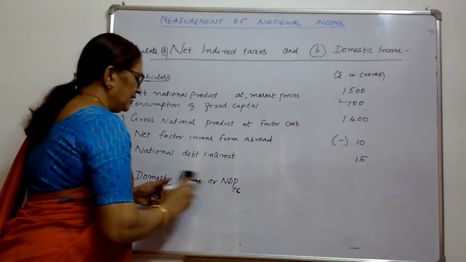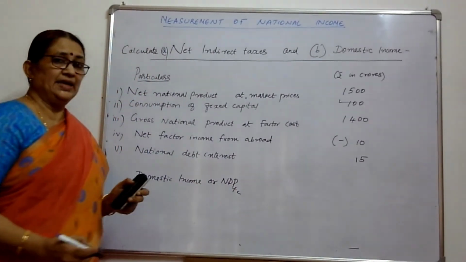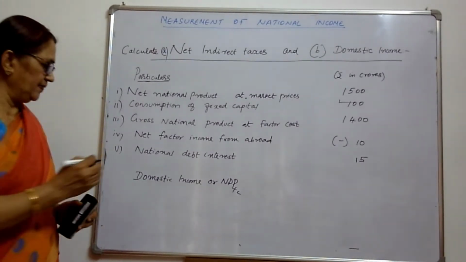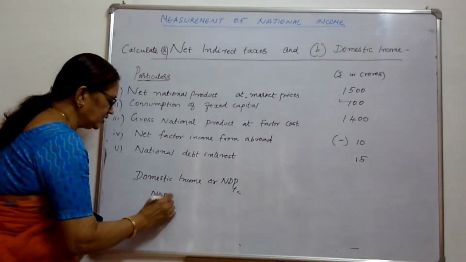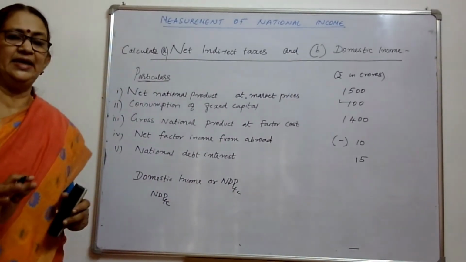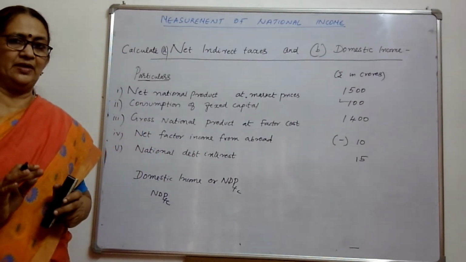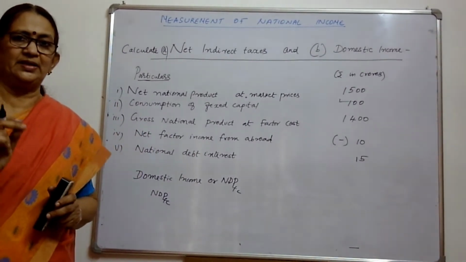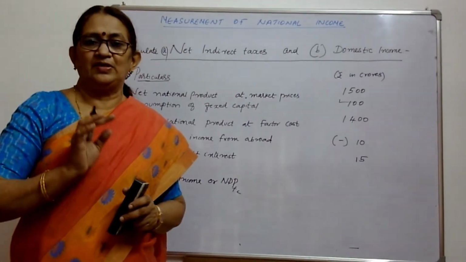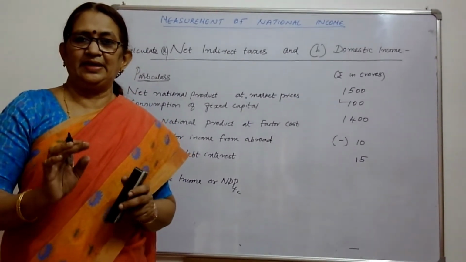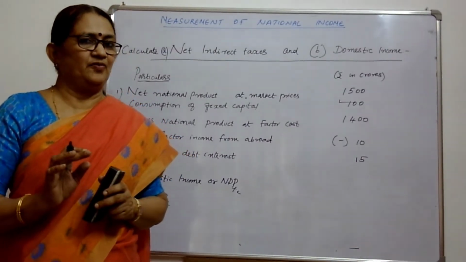So first we will check whether NNP at factor cost is given, because NDP at factor cost, that is domestic income, means the standard unit of domestic income is NDP at factor cost, net domestic product at factor cost, which does not include depreciation, which does not include net indirect tax, and which does not include net factor income from abroad.